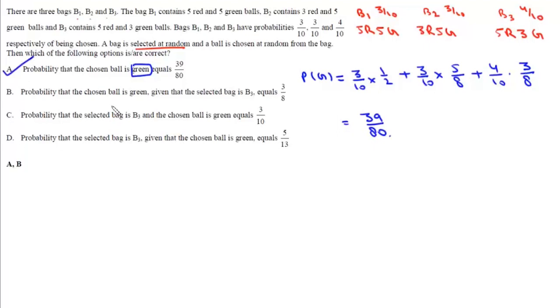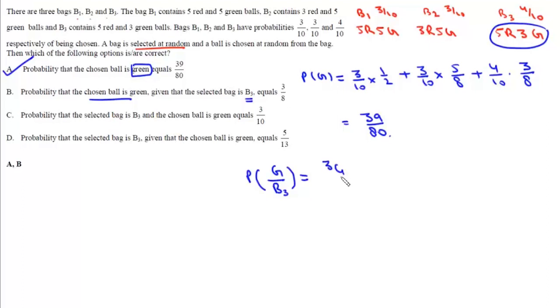Now B is probability that chosen ball is green given that selected bag is B3. Now if we choose this bag number 3, then probability of choosing a green ball will be simply a green ball from these 8 balls.